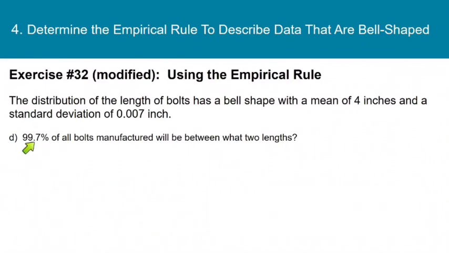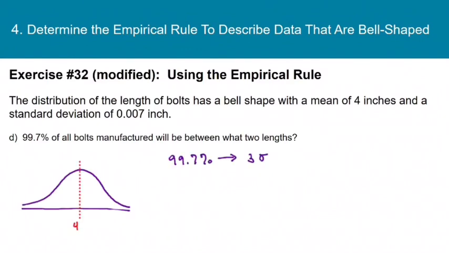And part D, 99.7% of all bolts manufactured will be between what 2 lengths? Well, we know from the empirical rule that 99.7% of all observations will be within 3 standard deviations of the mean. So to find the lower limit of this range, we'll say the mean minus 3 standard deviations, and we find that that is 3.979.